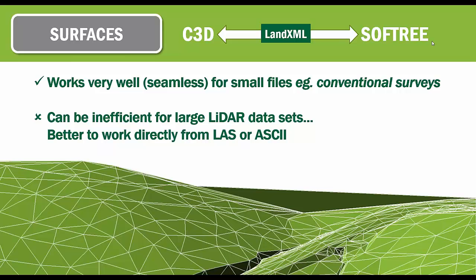In many ways it's a lot simpler because you don't have to worry about things like break lines and all that sort of stuff. So with larger file formats, we recommend working directly with the large data set. But for the most part, surfaces are very compatible. You can move them back and forth quite easily, and I will demonstrate that hopefully today.